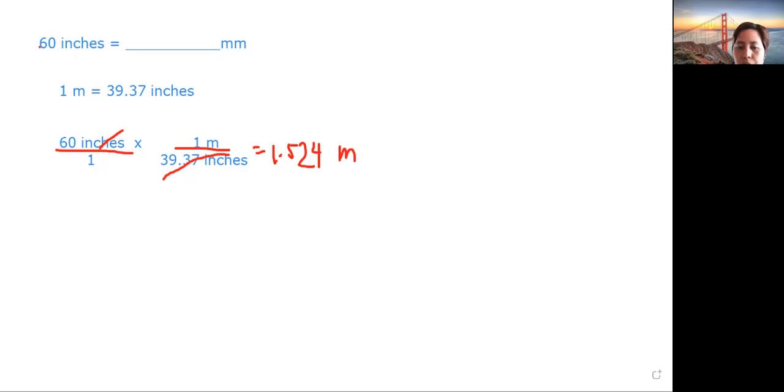Okay, so we have here 1 meter. Let me show you now. This is the long method.